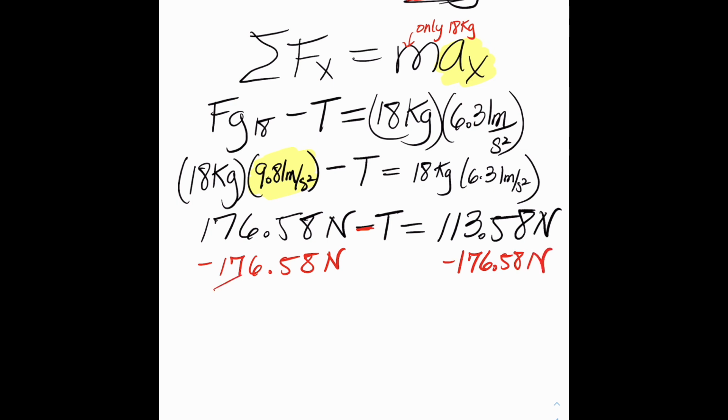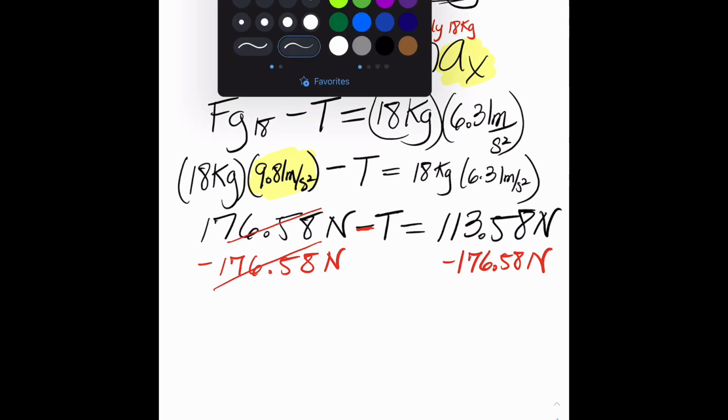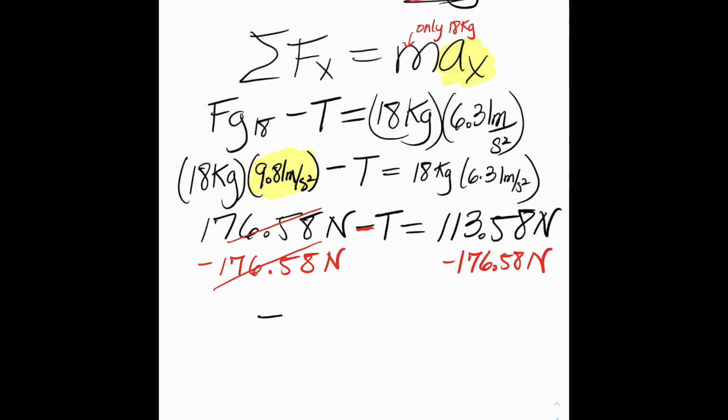All right, cancel, cancel. And we're left with negative T is equal to, now, what is this? The 0.58s are going to cancel. So we have 76 minus 13. 70 minus 10 is 60. 6 minus 3 is 3, 63.